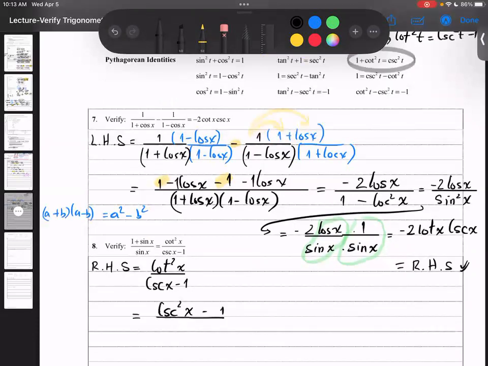Let's take care of the top. The bottom is nothing we can do, just rewrite it. How can I factor the top? Someone factor the top for me.